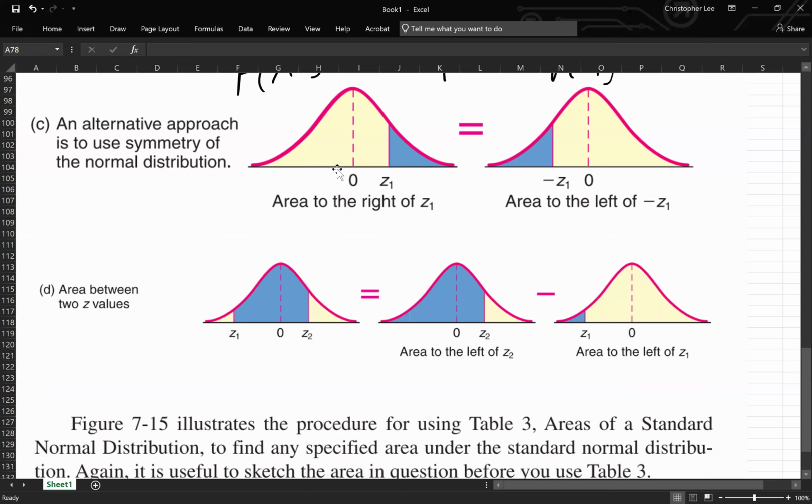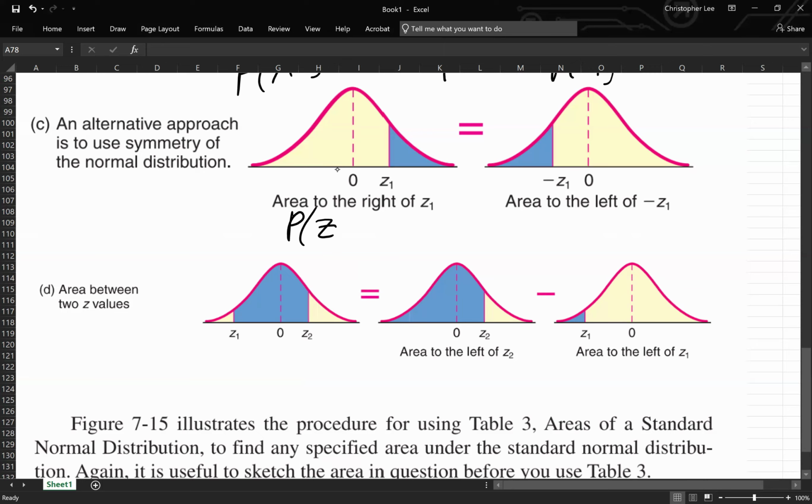Wait, I wanna write this down. So if I ask you what's the probability of Z greater than, let's say, Z1, for example, right?